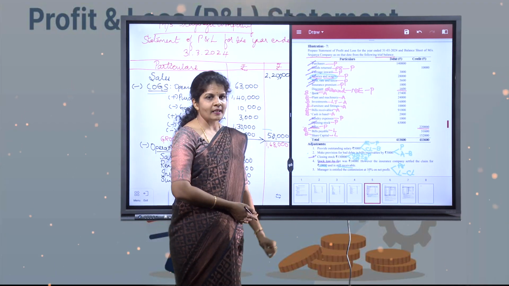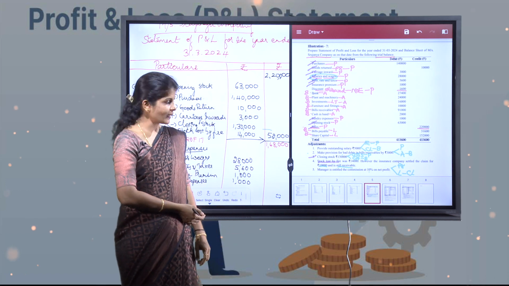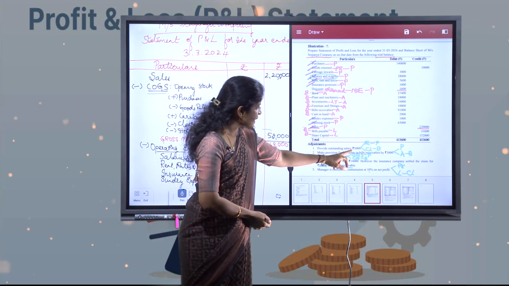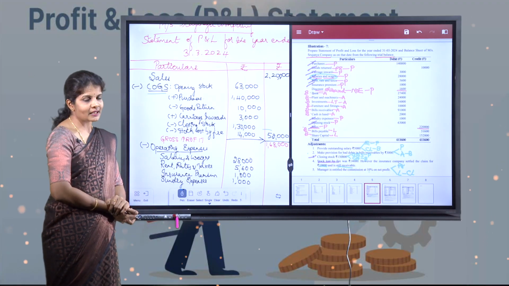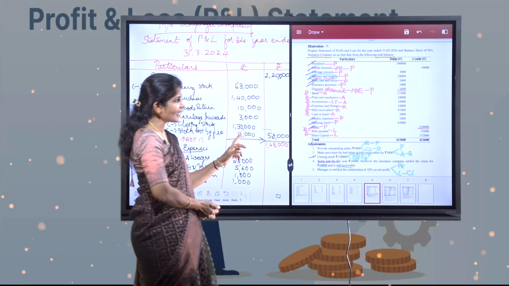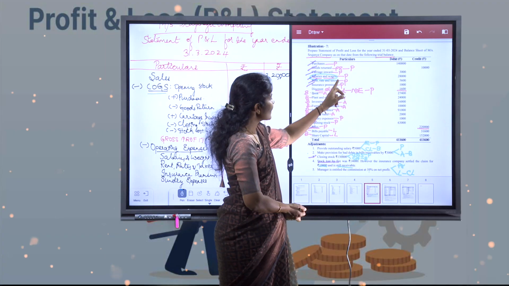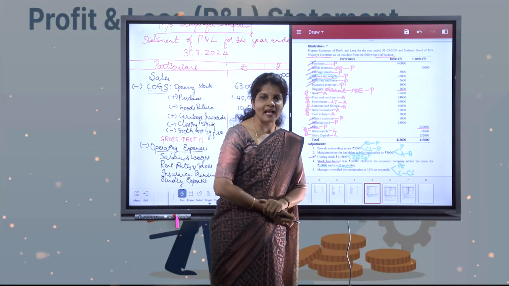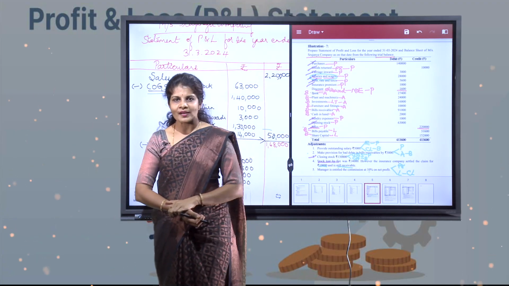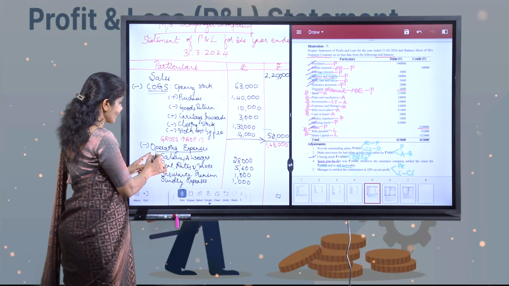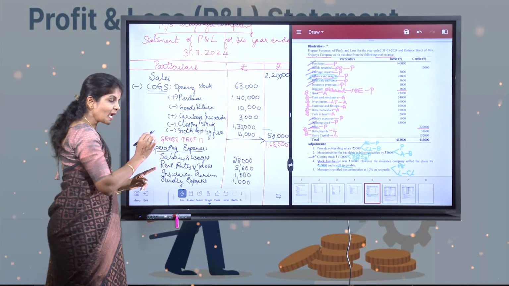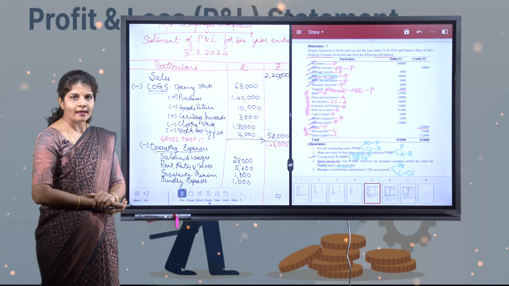In this adjustment, if there is any information that should be taken, see, provide outstanding salary. What we had to do, I said in the beginning itself, I have marked here as well, salaries and wages are having an adjustment, but we have not taken it, correct? So for this salaries and wages, we need to add the outstanding salaries.